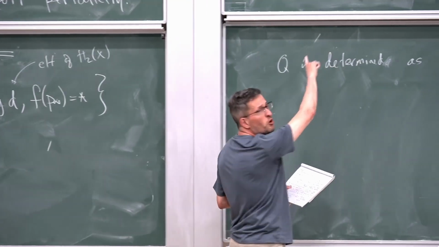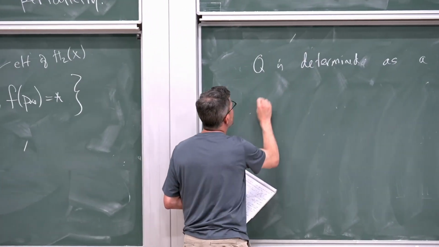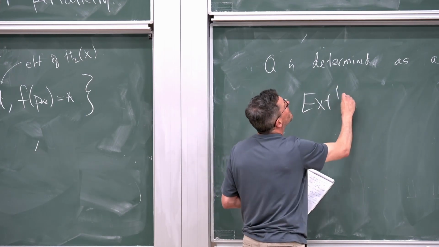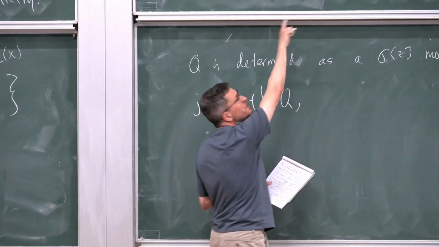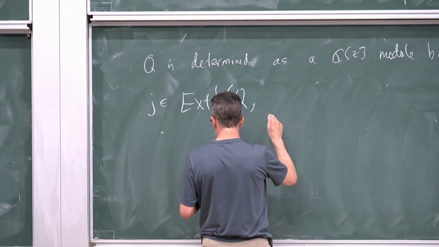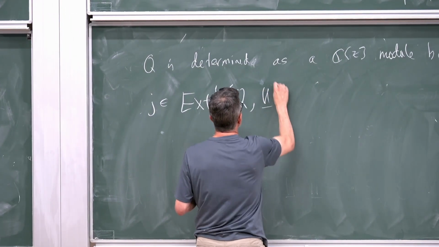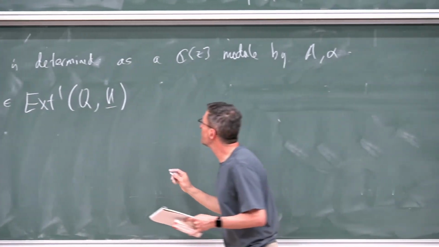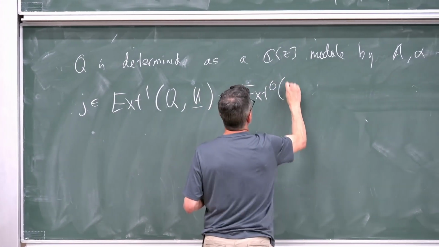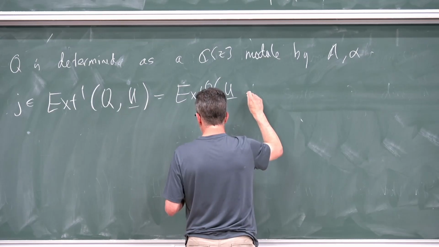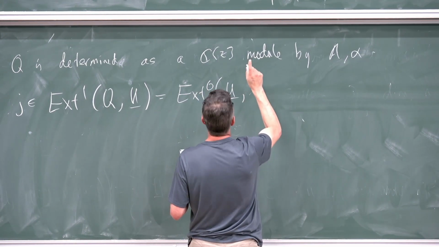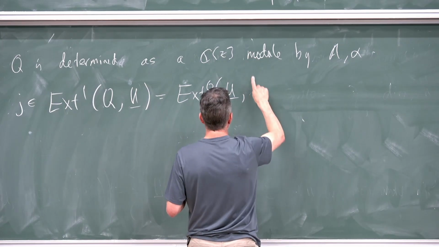And then to get this whole thing, I need a J actually lives in the space of extensions of Q. And in order to get this, the rest of this, I need an extension of Q by this trivial guy. And to see that J lies in there, right, we just can use Serre duality. Oh, I didn't tell you what A is, sorry. Oh, yeah, no, I did. Okay.